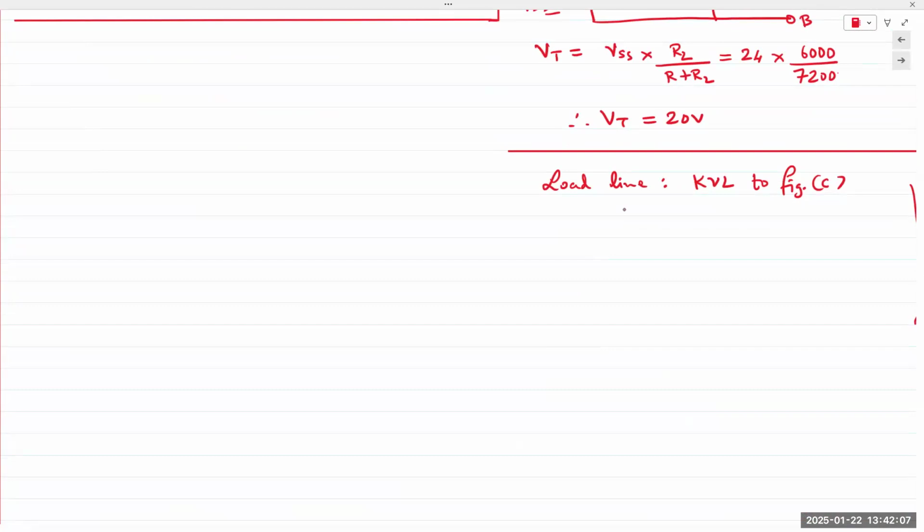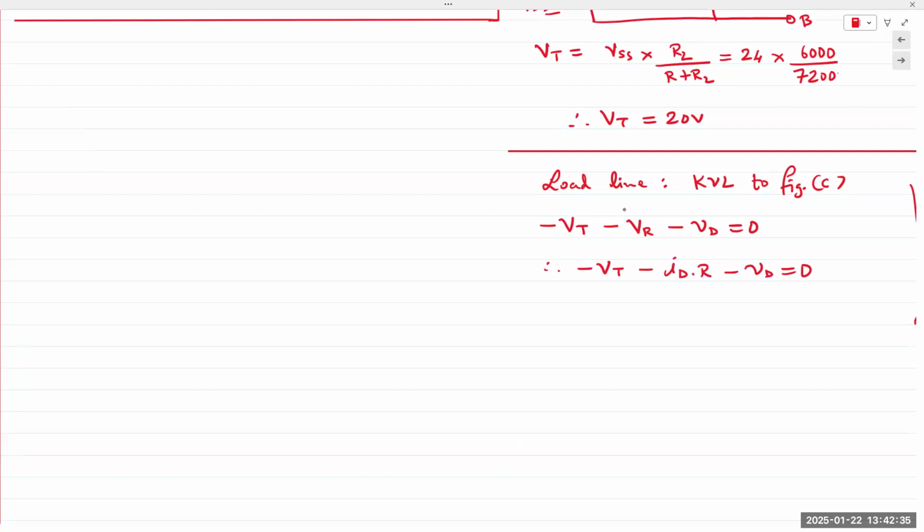So I would get minus VT minus VR minus VD is equal to 0. And therefore, I can write an expression for VD and VR: ID times R minus VD is equal to 0.